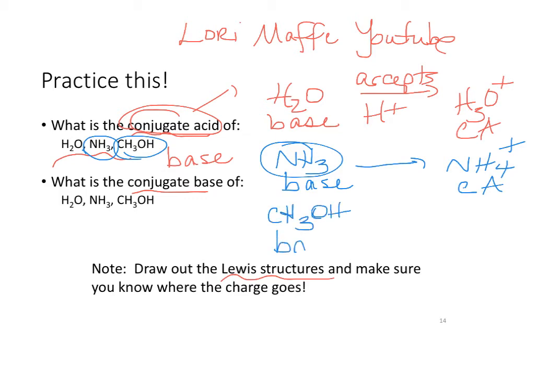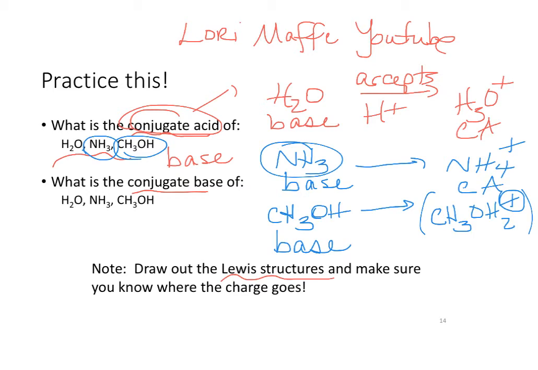Okay, when it serves as a base, which means when it accepts a hydrogen ion, it becomes CH3OH2 plus. Notice that whenever you accept a hydrogen ion, you also gain a positive charge, okay? All right, so those are all the conjugate acids of these three.